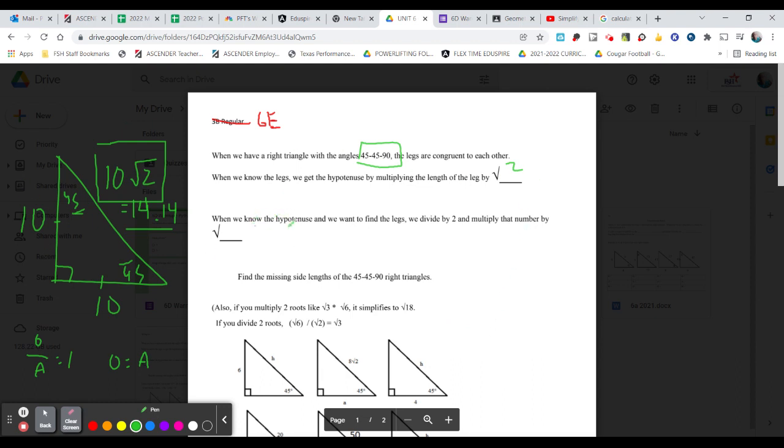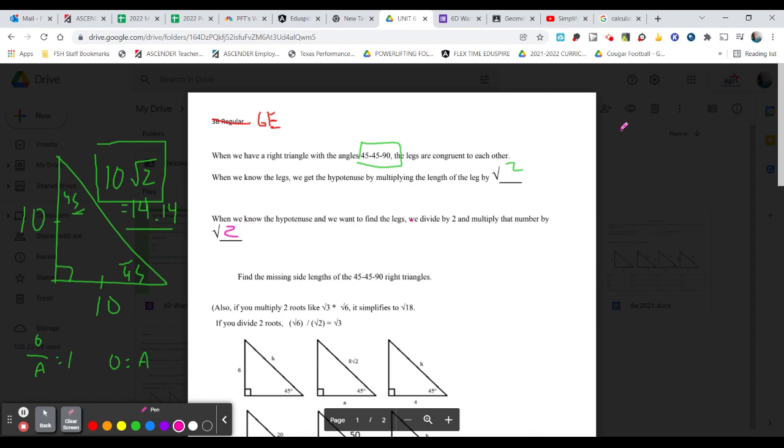Next, if we know the hypotenuse and we want to find the legs, we'll divide by 2 and then multiply that number by the square root of 2. It's the same thing as dividing by root 2.